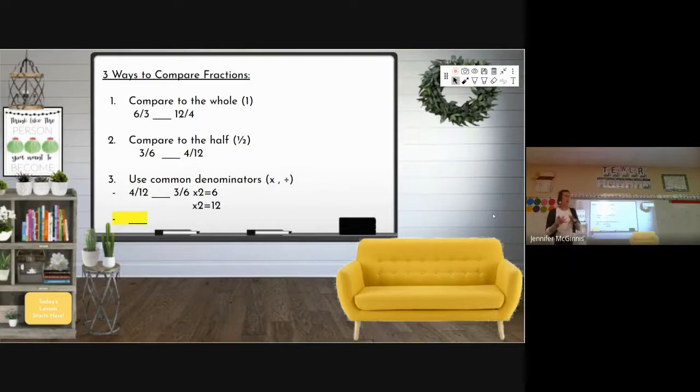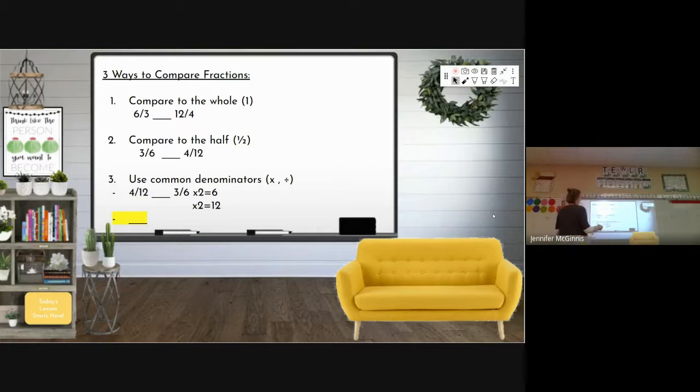When we compare to the whole, we're looking at what it takes to make a whole. So if we have 6/3 and 12/4, how many wholes is 6/3? In order to know that, we have to know how many it takes to make 1 whole. So if I have thirds, how many pieces do I need to make a whole, Cameron? I need 3 pieces, but I have 6.